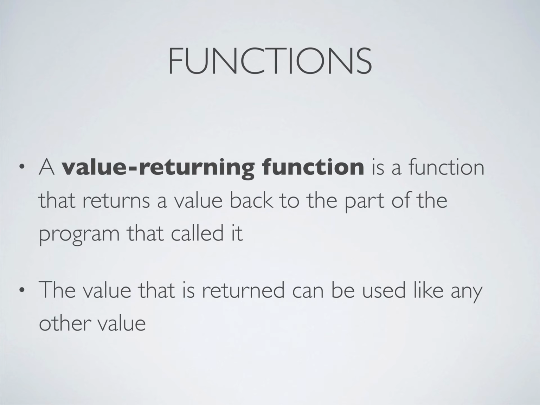The cool thing about this is that the value that is returned can be used like any other value. If it's a string, you can do string stuff with it. If it's a number, like an integer or a floating point value, you can do math calculations with it. So value returning functions are a very powerful way to organize your code.